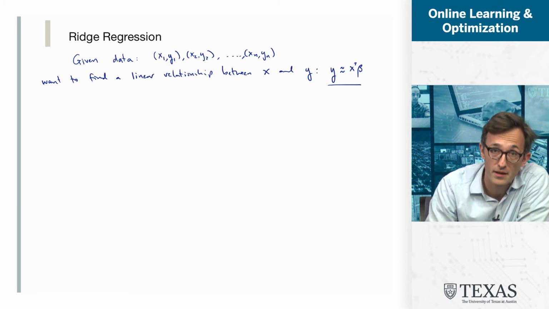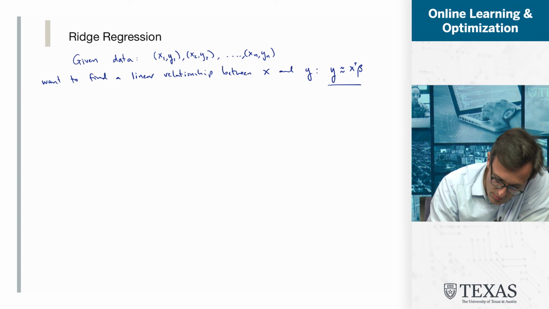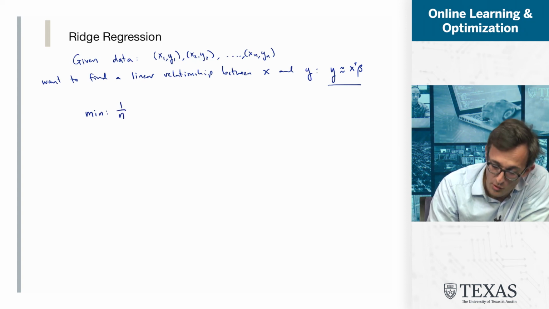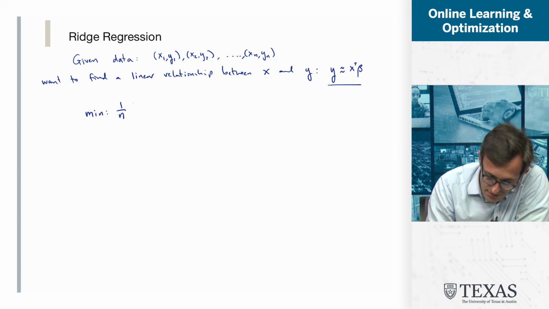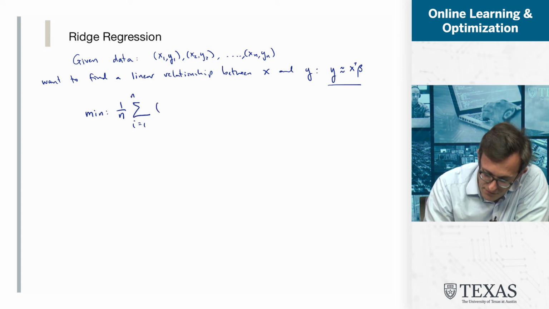So let's write down an optimization problem here. What I want to do is minimize 1 over n, where n is the number of points, so this represents the average loss, the sum, i equals 1 to n, of x_i transpose beta.